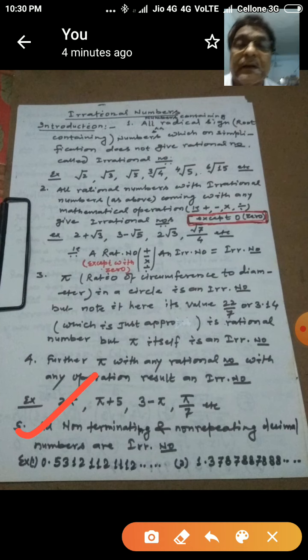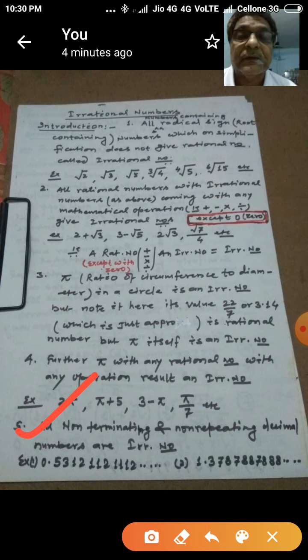So student, I just want to remind you that if you hold all these concepts in your brain, then only can you distinguish a rational number and an irrational number. Actually, these two families of numbers are quite different from each other.